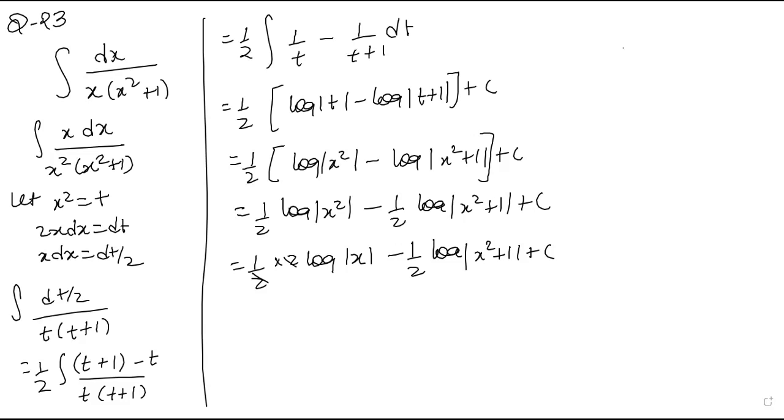These two will get cancelled out, and I will have log mod x minus 1 by 2 log mod x square plus 1 plus c. A option is the correct option.